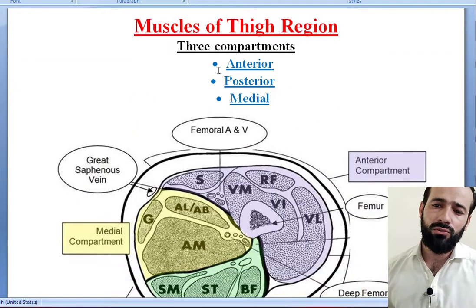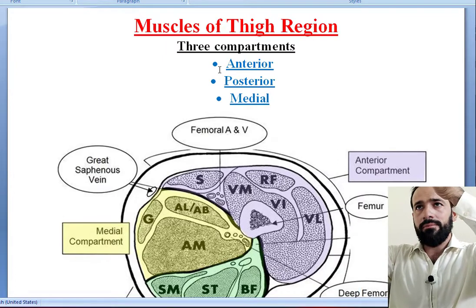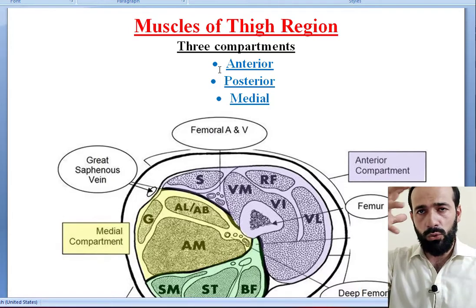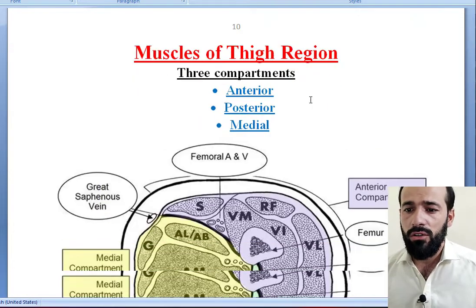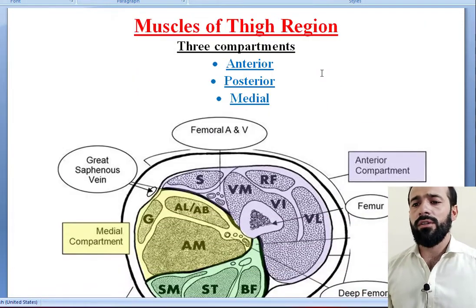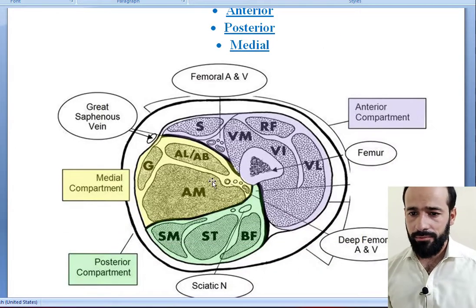Now let us go towards the thigh region, right? Below the gluteal region starts the thigh region. We know that our thigh region is divided into three compartments. What are those? Look here.